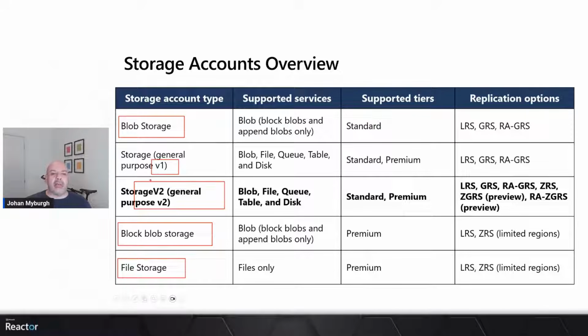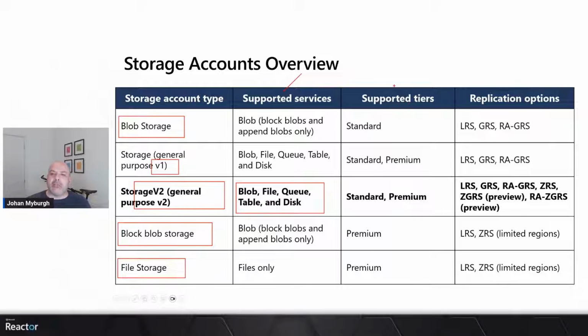So talking about these storage account types, you'll also see that we've got a bunch of supported services. I'm not going to cover them now, but suffice to say that we will cover all of these in the upcoming slides and in my upcoming demos. I'm going to touch on all of these.